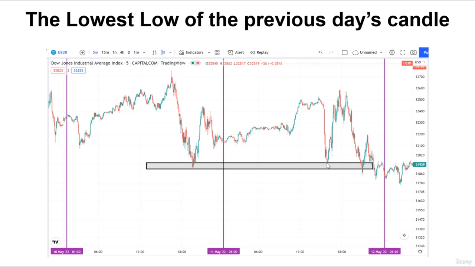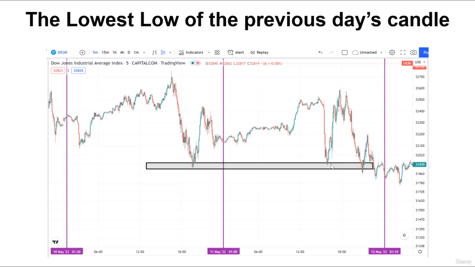and we again came back to this zone. The strategy of the lowest low of the previous candle says that there are still some buyers here, and you should wait. Listen to me carefully.